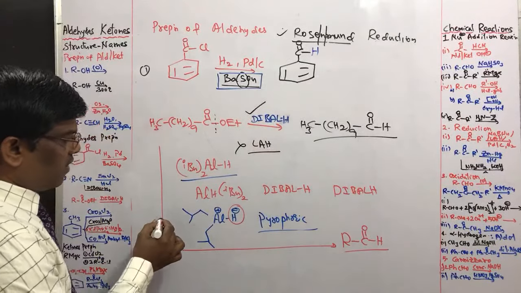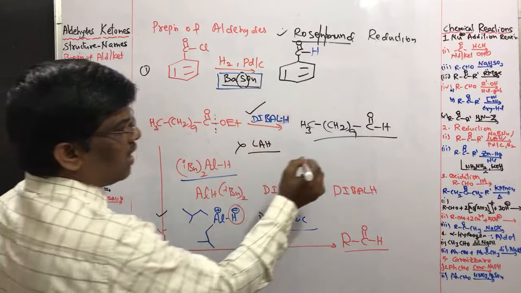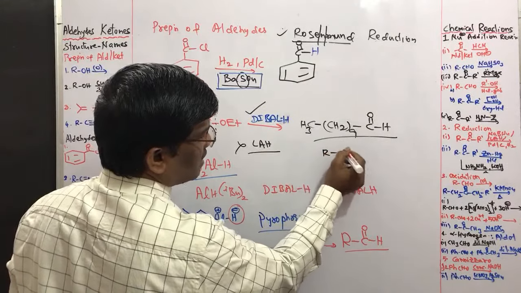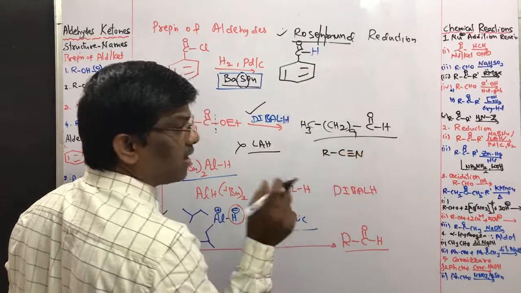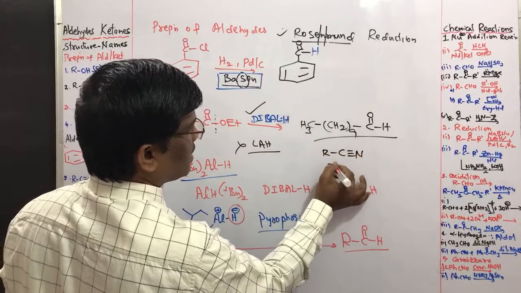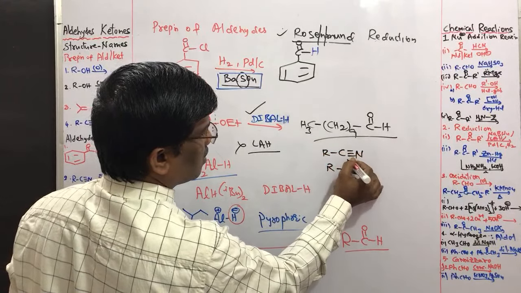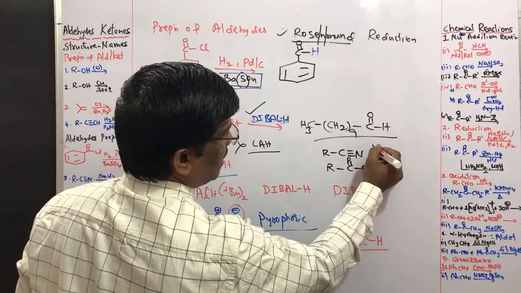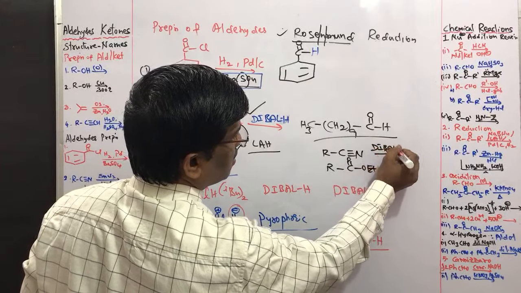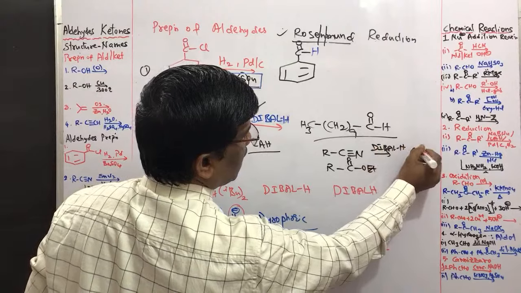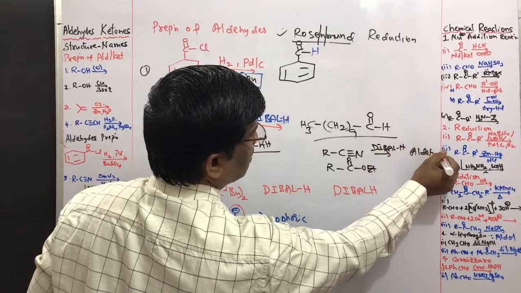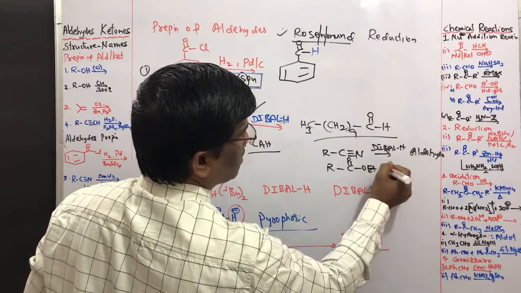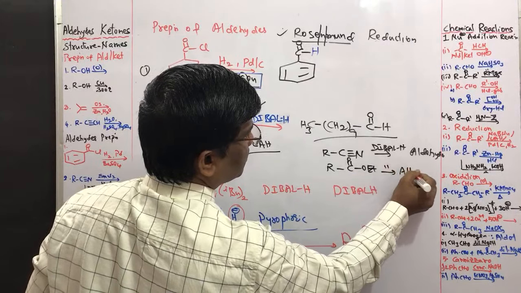So DIBAL-H is a very specific reagent where nitriles, this is cyanide, I can say cyanide or nitrile, and esters, please remember or write down somewhere, DIBAL-H is going to give aldehydes, and esters also aldehydes.